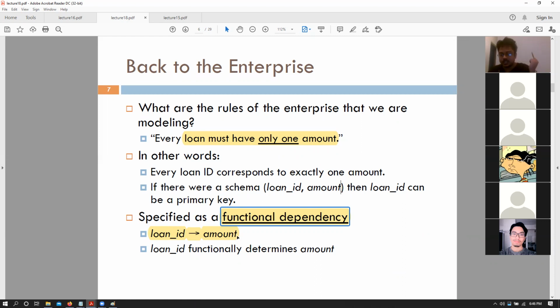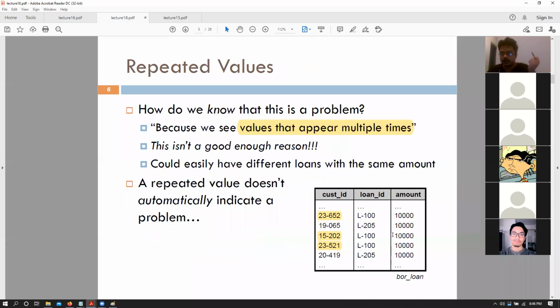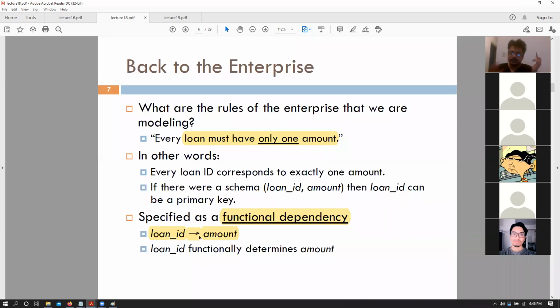If we make any changes to amount, and if there are multiple instances of loan ID, we would make that change to every possible instance of loan ID. That is what we mean, that amount is a function only and only of loan ID, right? Okay. So normal forms look into these sort of dependencies in order to break down a table into its corresponding unbreakable entities, so to speak.